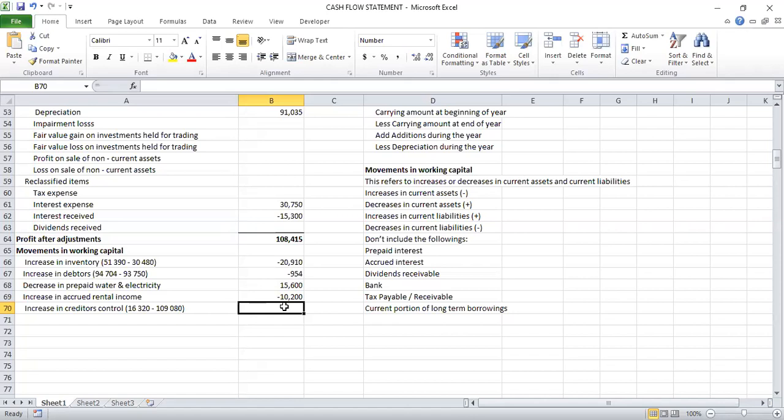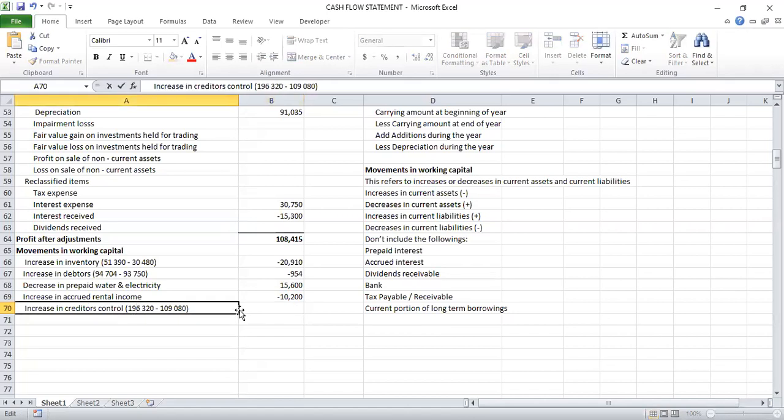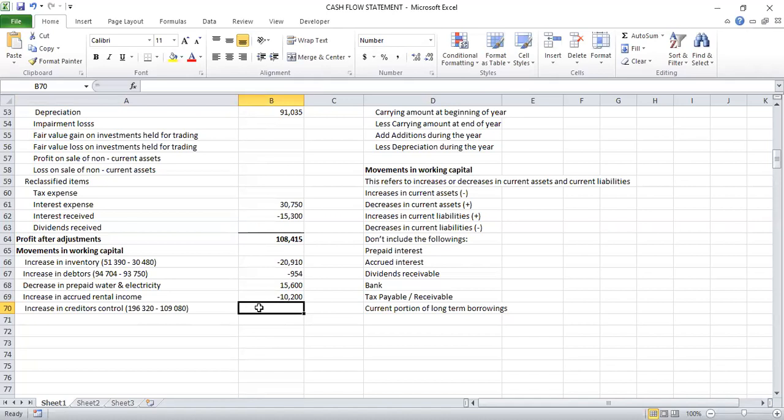I think I made a mistake on this figure. It's supposed to be 196,320. What do we get? 87,240. Yes. Right. So these will be the movements in working capital.